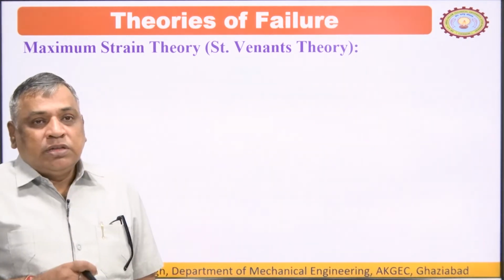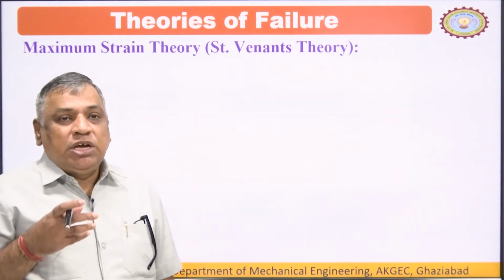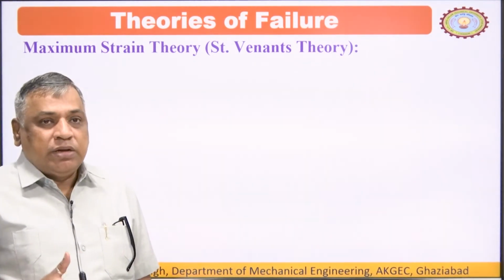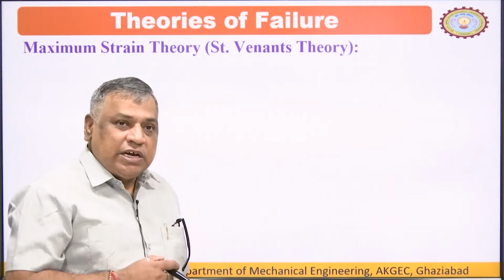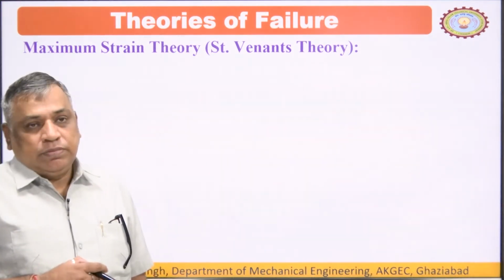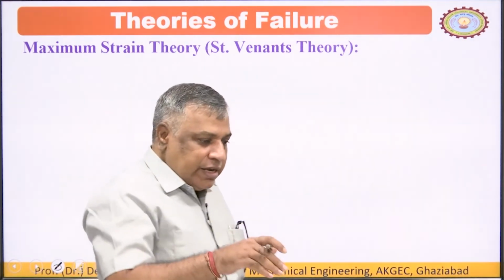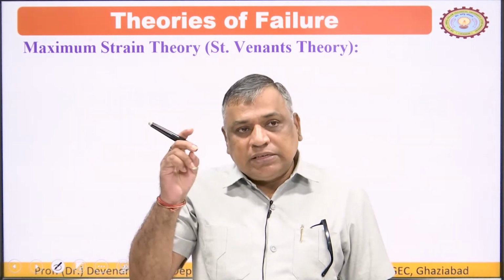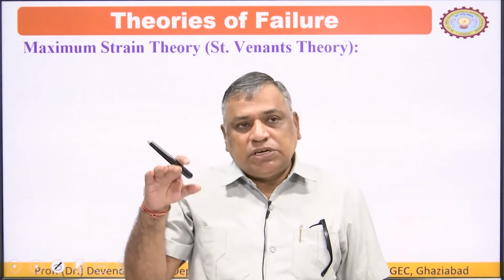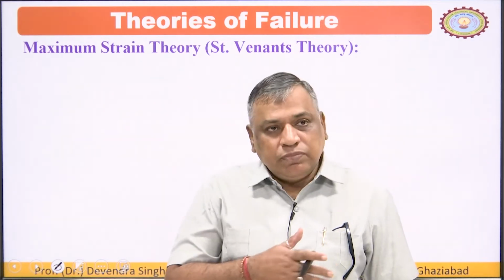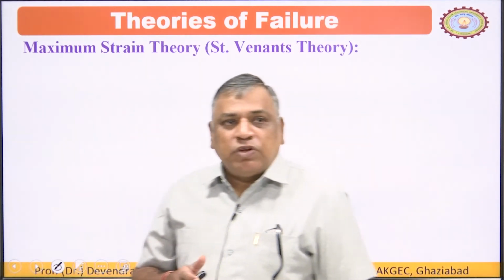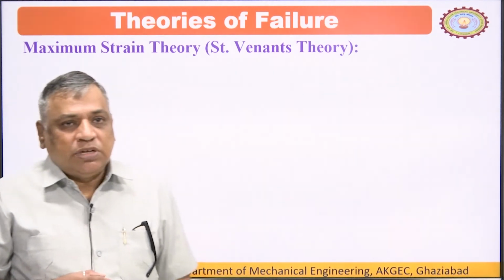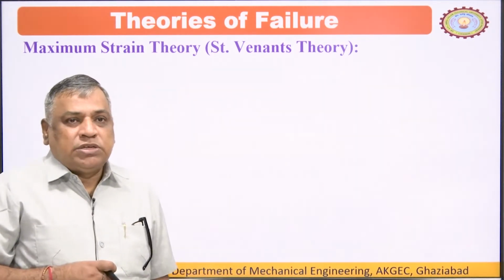Here the property which we will consider the critical property is the strain. So, if I write in place of the stress a strain, or principal strain or the normal strain, then the statement will become for the maximum strain theory or the Saint-Venant's theory.